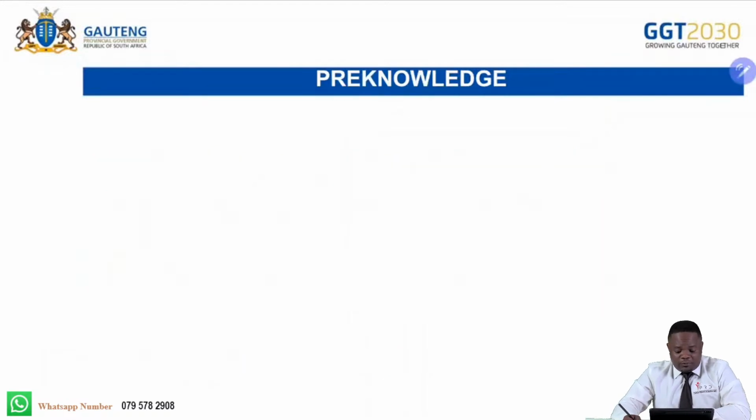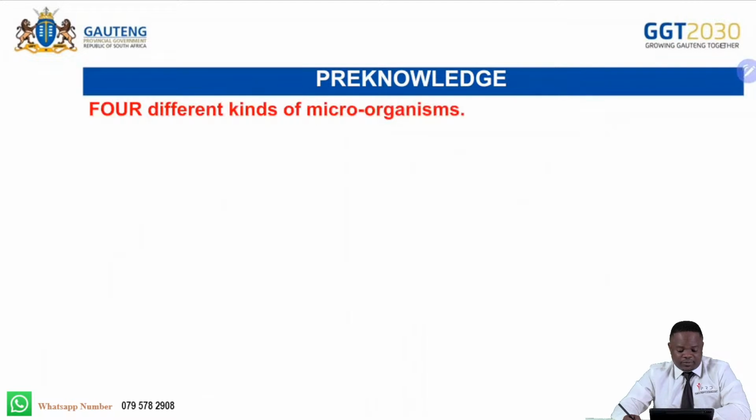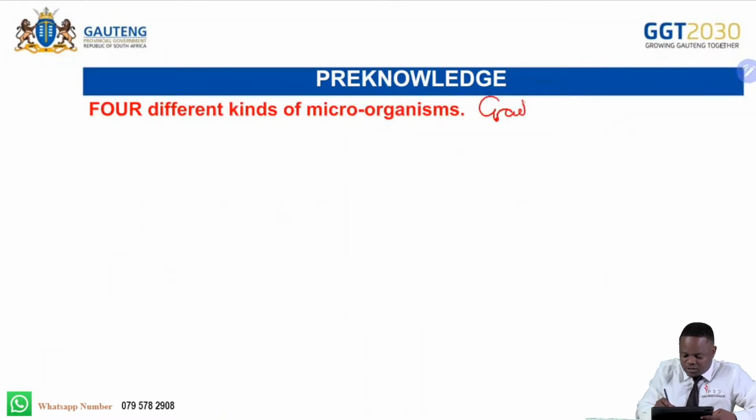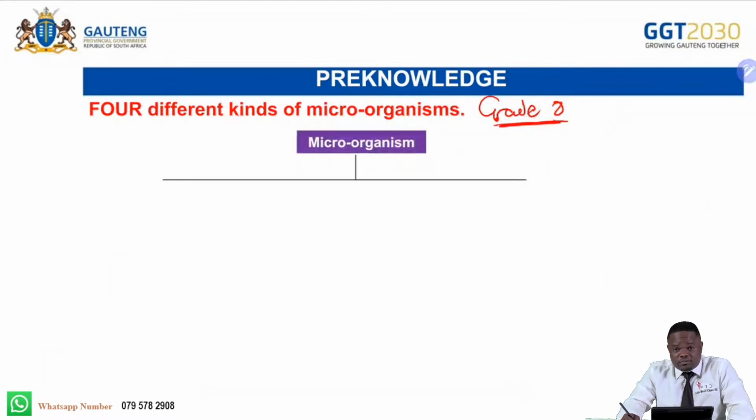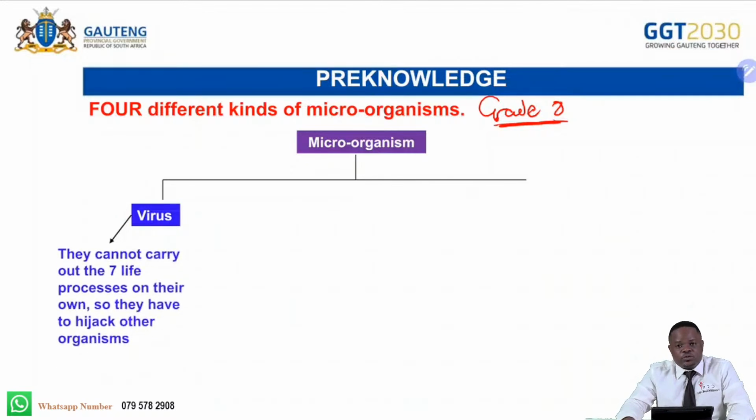Right, so what is our pre-knowledge for our lesson today? Our pre-knowledge is our knowledge on microorganisms. Remember, we did this last week in our previous lesson, grade 8 work on microorganisms. At this stage, you are familiar with the fact that microorganisms can be grouped into viruses. Remember, we said viruses do not carry out all the 7 life processes.